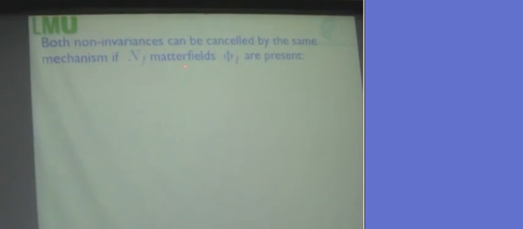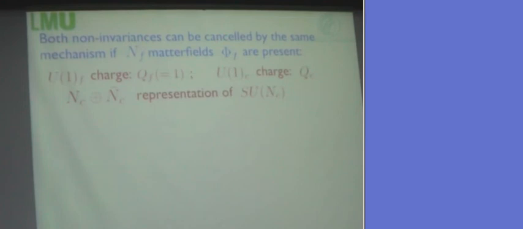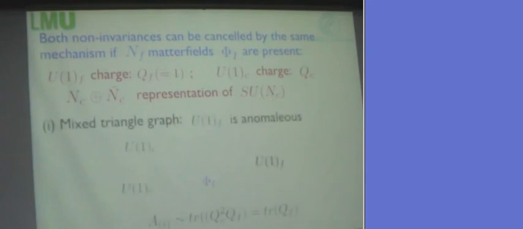However, it is known how both non-invariances can be cancelled by the same mechanism, namely we now introduce N_F matter fields, phi_i, which are charged, which carry particular charge, both under the U(1) and also under the SU(N_C). So if you wish, they are bifundamental.